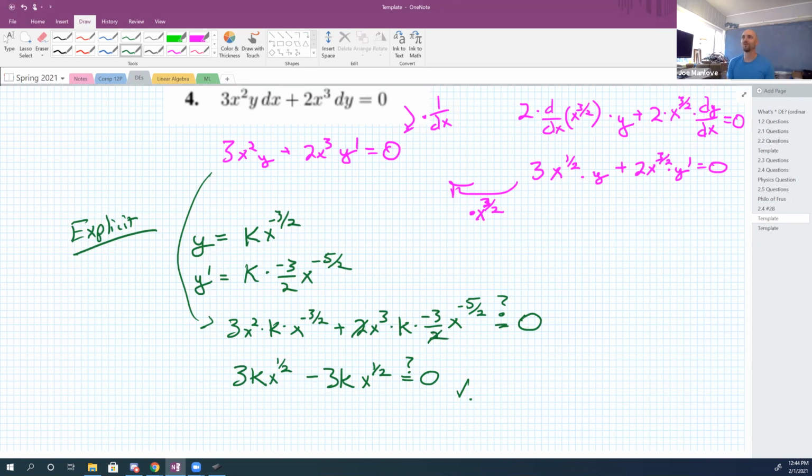One of the real weird things is that, and maybe I shouldn't, I'm pretty sure I'm right on this. I believe it is the case that if a differential equation like this has a solution, there is always an integrating factor.